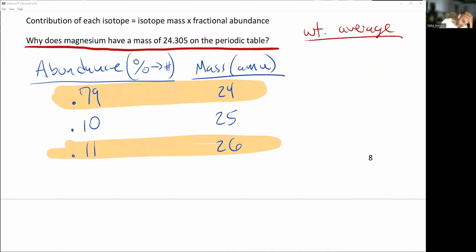In order to do a weighted average, I'm going to take the abundance times the mass of each isotope, and I'm just going to keep doing that.